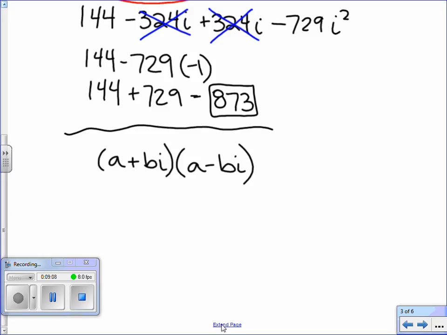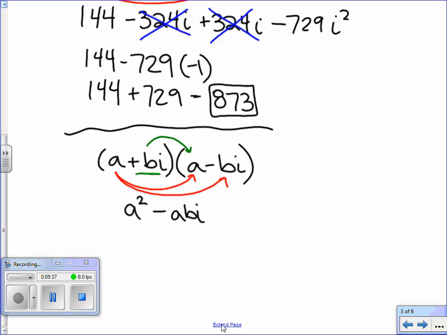So I'm going to start with the a. A times a is a squared. A times negative bi is negative abi. As a mathematician, I always like to write my letters in alphabetical order. Then I'm going to go to this second term, the positive bi. I'm going to multiply it by a.